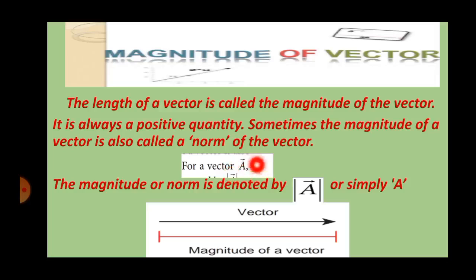For a vector A vector, you represent these two lines, read as modulus of A vector, and it can also be written as A. Both are the same. So this is the magnitude of a vector.